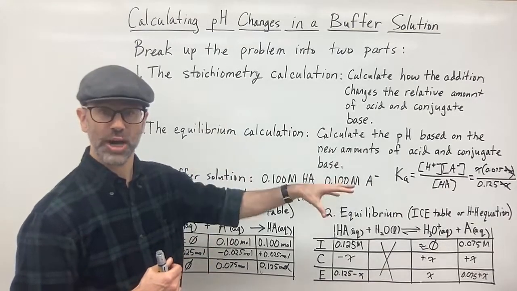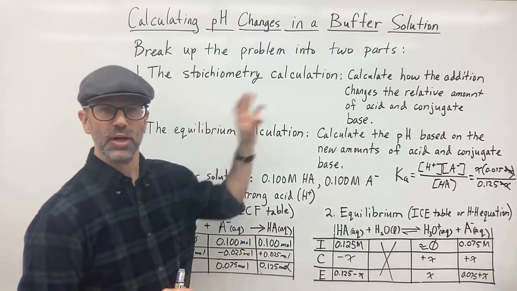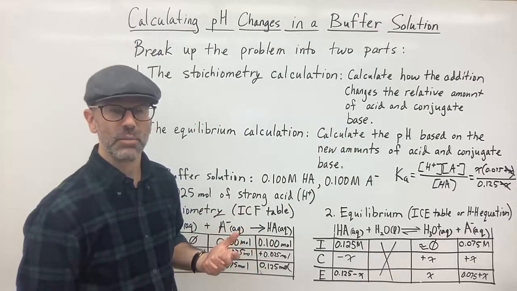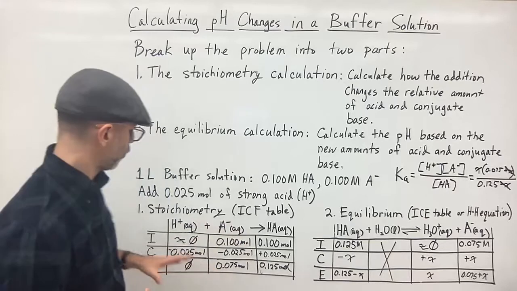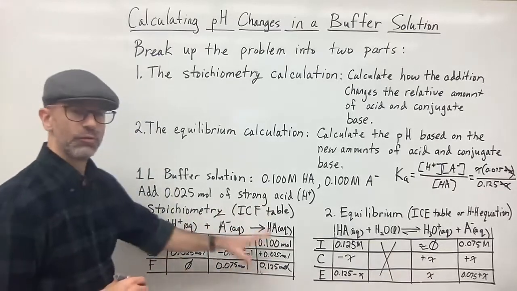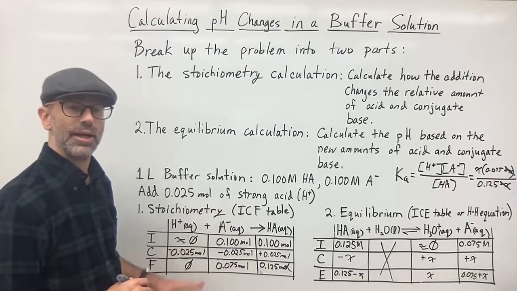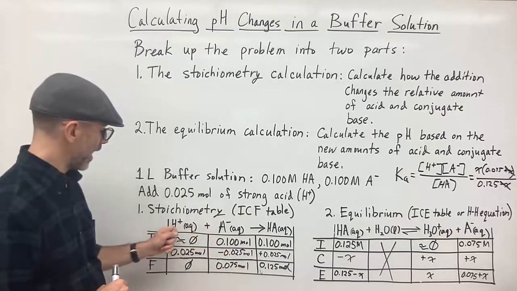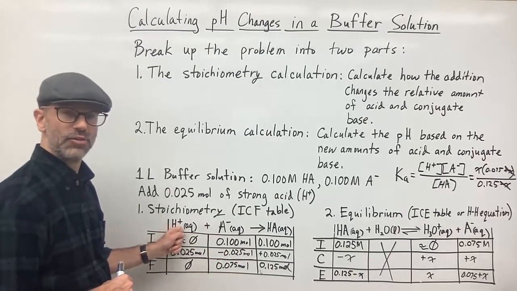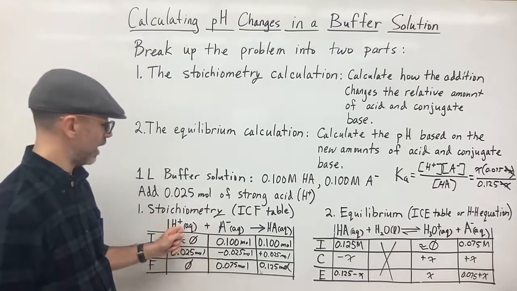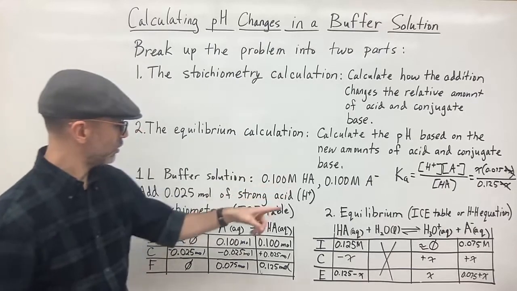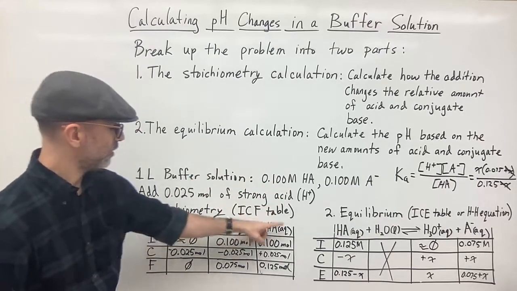Okay, so that is in general how you would solve a pH change in a buffer solution after adding a certain amount of strong acid or a certain amount of strong base. Now with a strong base, it would work exactly the same, except for this time, for your ICF table, you would need to do a reaction where your hydroxide, if you're adding a strong base, is reacting with your weak acid instead.